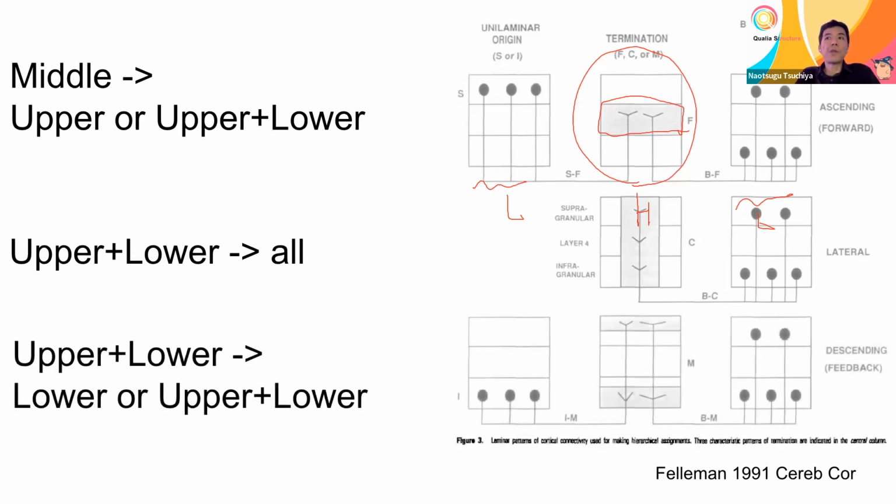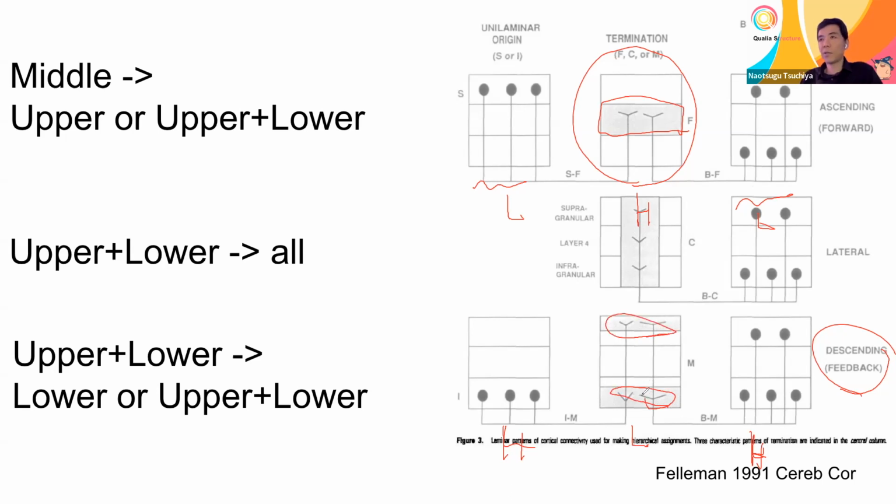And when you are producing some kind of descending or feedback input, the lower area receives input from higher areas at the lower or upper layers.